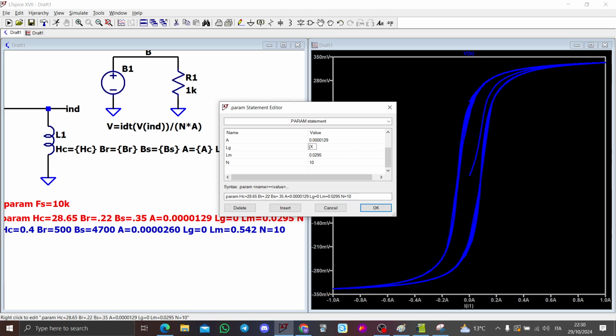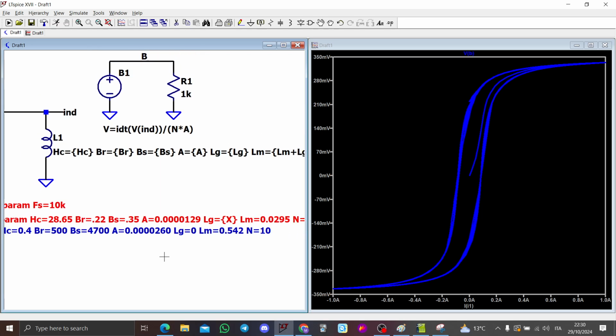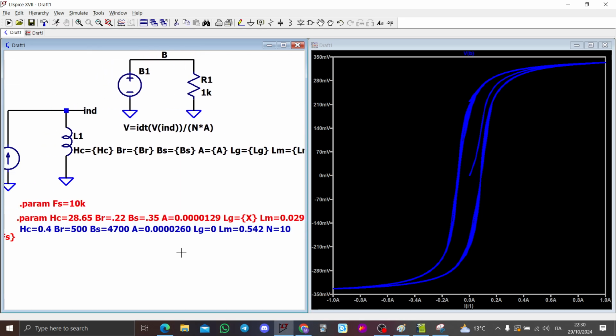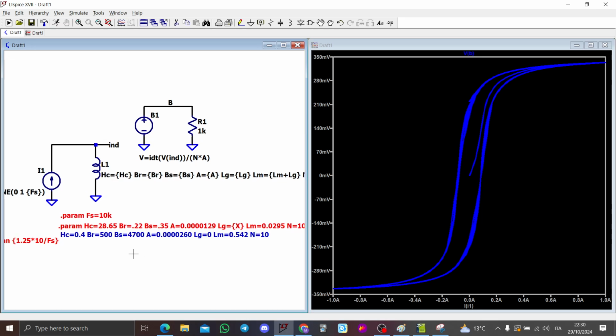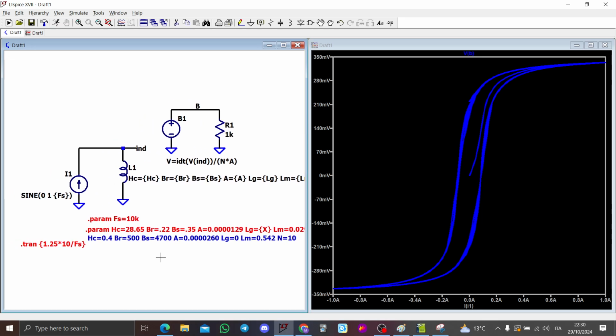Okay. Now I'm gonna make you see. And please just put reasonable values. You will not have 1 meter of LG; 1 micrometer, 10 micrometer, yes, but 1 millimeter is very big, okay?